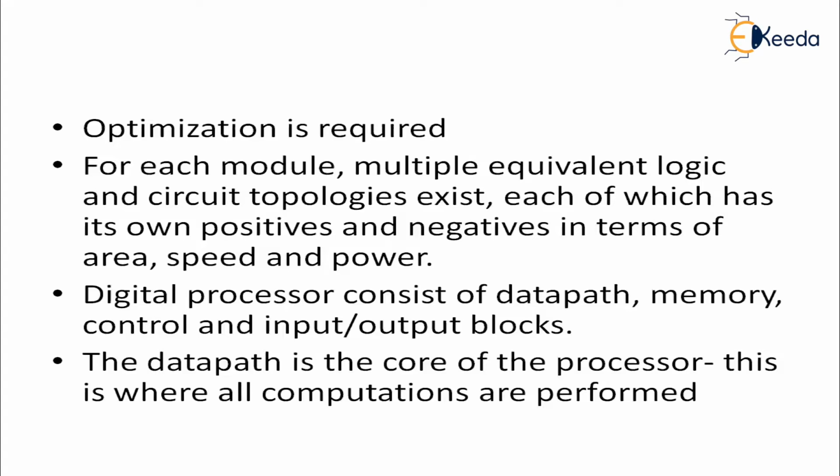So here in unit 3, we are going to learn about the circuits that are being used in the data path, because the data path is the core of the processor. This is the place where all your computations are performed, right? So the data path, as I said, is the core of the processor. We are going to learn specifically about the circuits that are used in the data path.